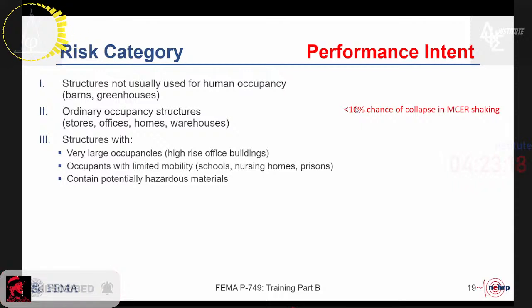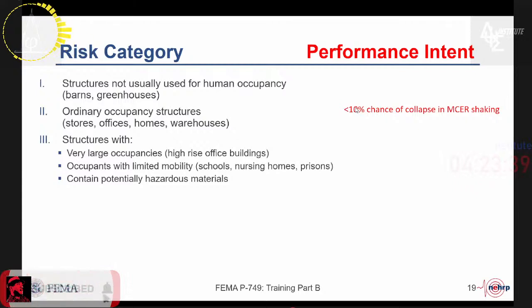Risk category 3 structures embody structures with very large occupancies. For example, high-rise office buildings that may have 5,000 or more occupants in them during the day. They involve structures with housing people with limited mobility, schools, nursing homes, prisons.